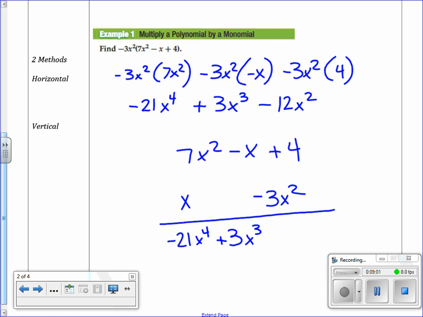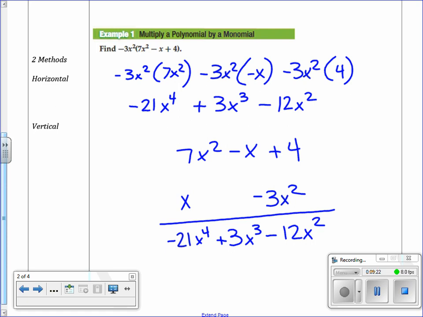X squared times x is x to the third. Plus, nope, I'm sorry, that would be minus, because a negative times a positive would be negative 12x squared. I get the same answer either way. These are just two different ways of being able to solve it.